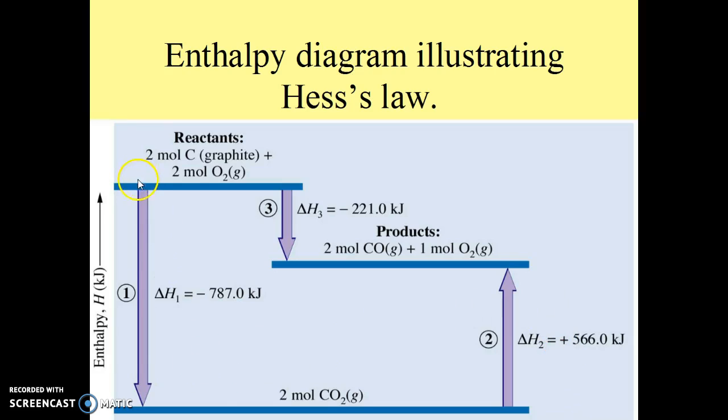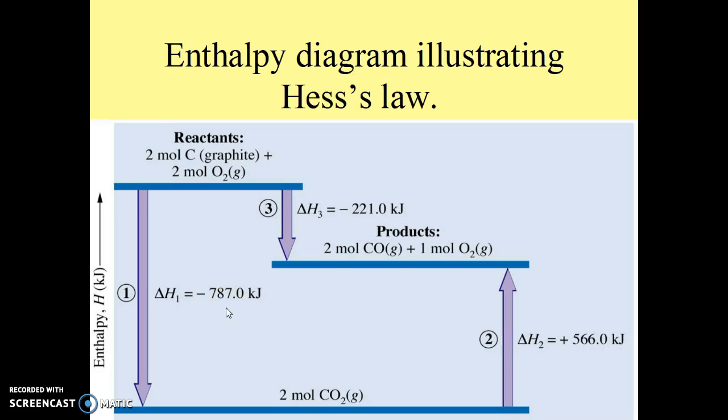So if we take the graphite, carbon, and burn it directly to carbon dioxide, we see a delta H of minus 787 kilojoules per mole. On the other hand, if we first burn it to carbon monoxide and oxygen, the question, of course, is the burning of carbon monoxide with oxygen to form carbon dioxide, do these two steps equal this step?